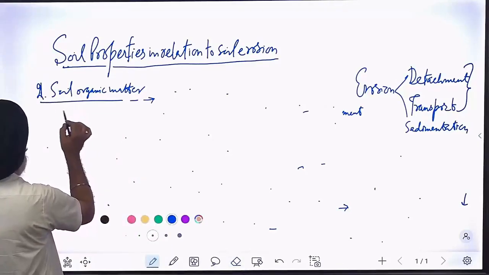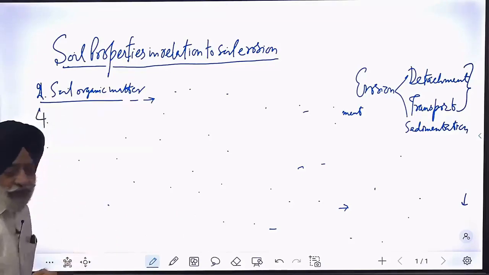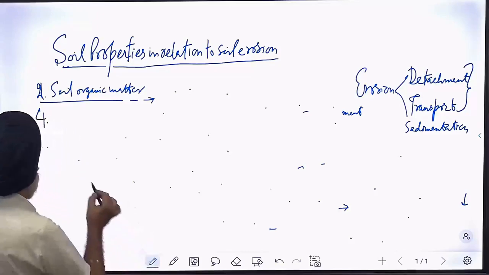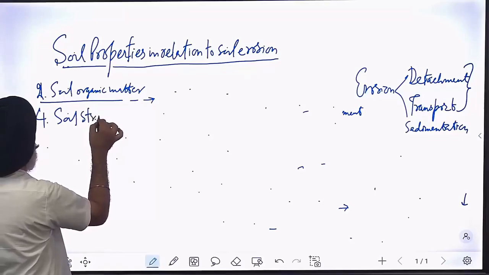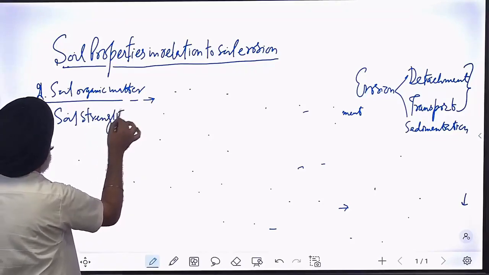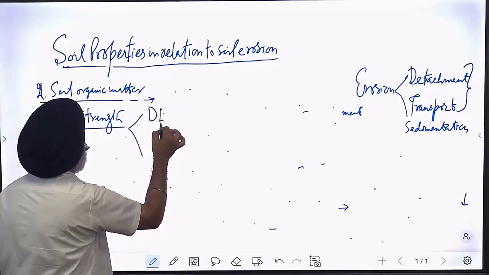The third factor, or fourth rather, should be what we call soil strength. When we say soil strength, it basically has three parameters. One is bulk density.